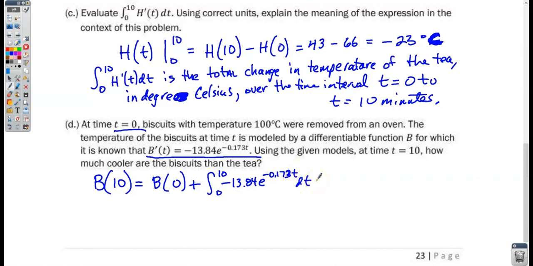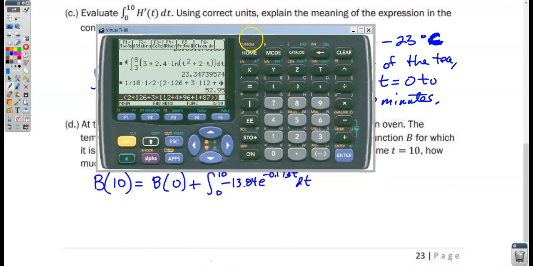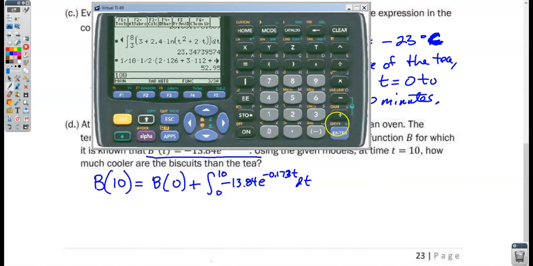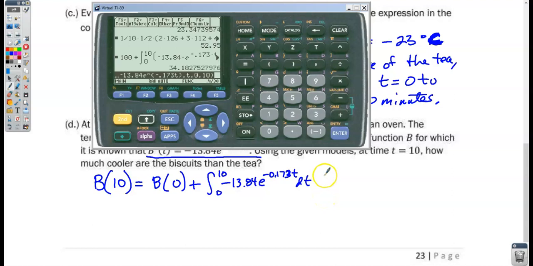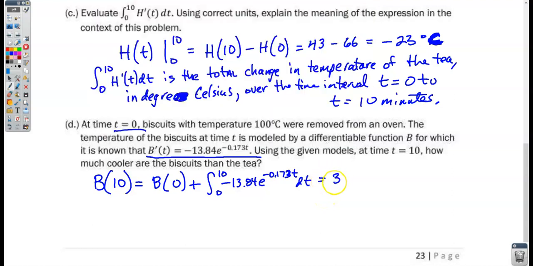Okay, and b(0) is 100, so I'm going to type this up. I've got 100 plus the integral of negative 13.84 e to the negative 0.173t with respect to t from 0 to 10. That's 34.183 degrees Celsius.